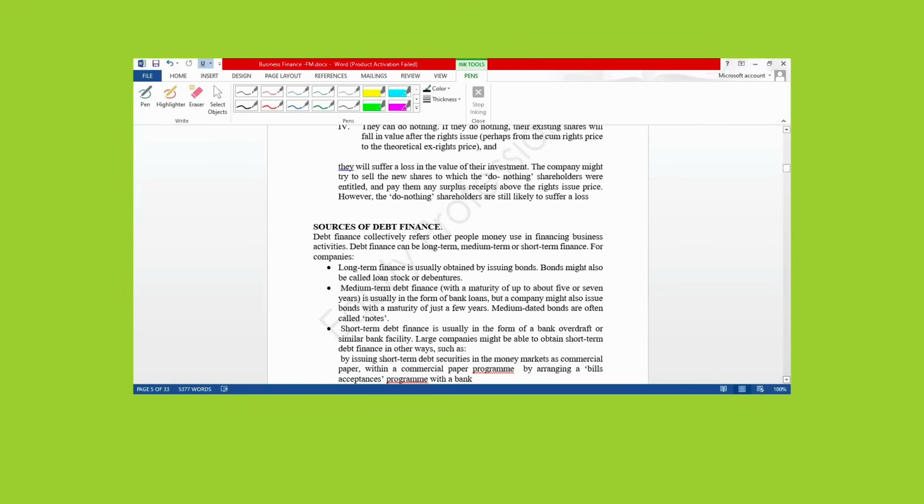And please note, a bond is a debt instrument that is tradable. A bond is a marketable debt instrument that is used to obtain borrowing for a longer time period.